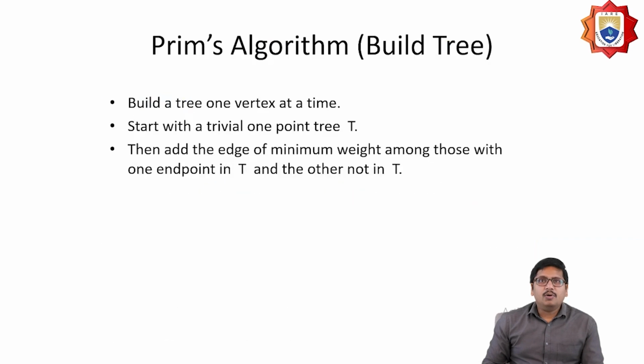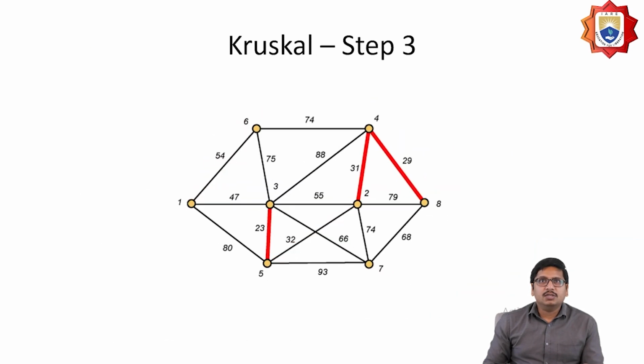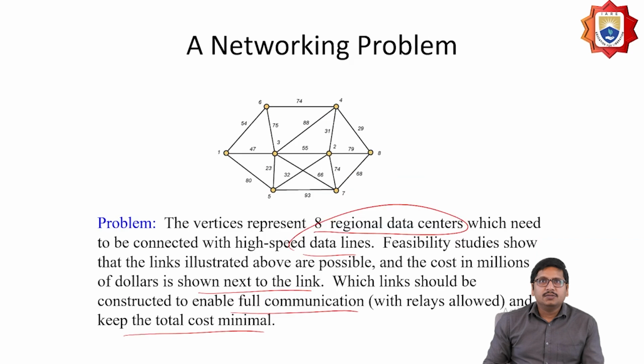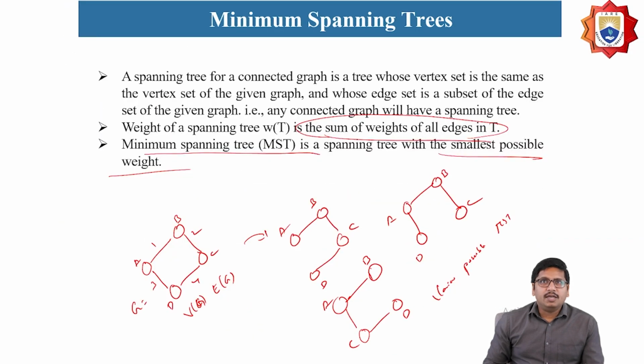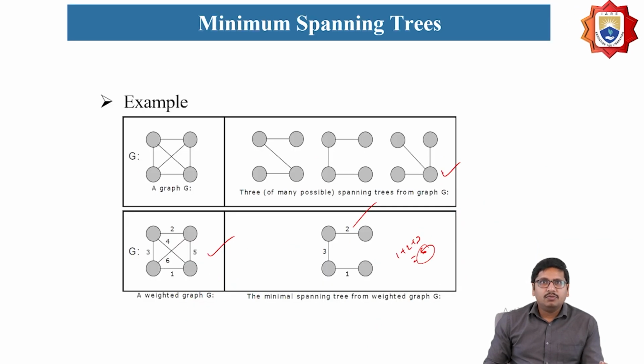So that should be about the construction of minimum spanning trees. A minimum spanning tree is nothing but a graph where the total weight over all the vertices in the graph should be minimum. So for an undirected graph, we can construct many possible spanning trees. When it comes to a weighted graph, we have to find the minimum cost spanning tree.